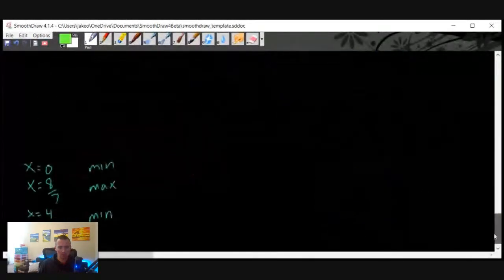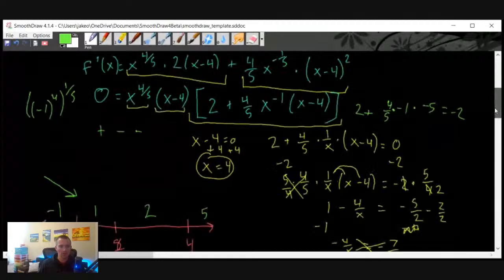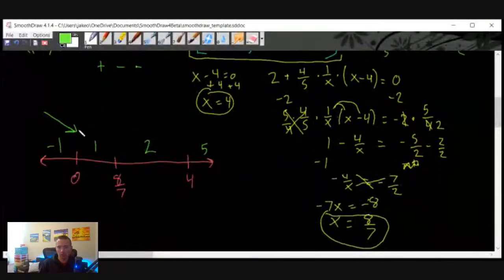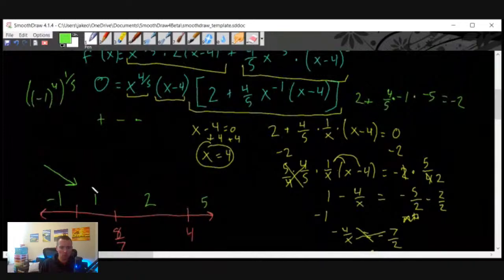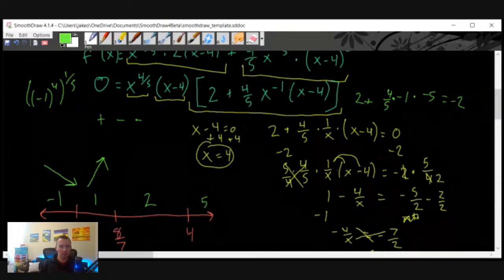Okay, so if we did that, what we would find is we would get a positive number by plugging in 1. Plugging in 1 into our derivative would give us a positive number as an output. So that tells us that our function is increasing. Our slope of our function is positive.